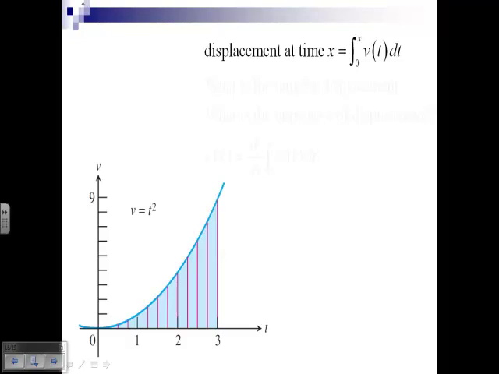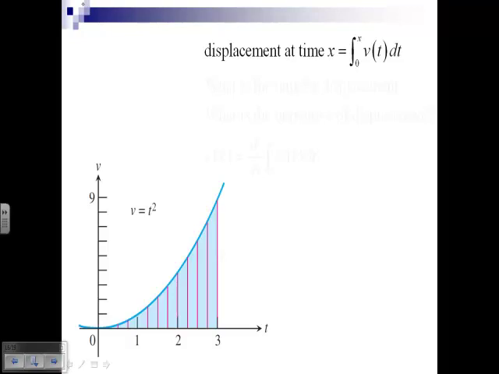Well, it says the displacement at time x. But what does that mean? How far I moved. If I'm moving with the velocity as shown by that curve, that 1/3 represents how far I traveled when x was 1. In that 1 second, I traveled 1/3 of a foot.